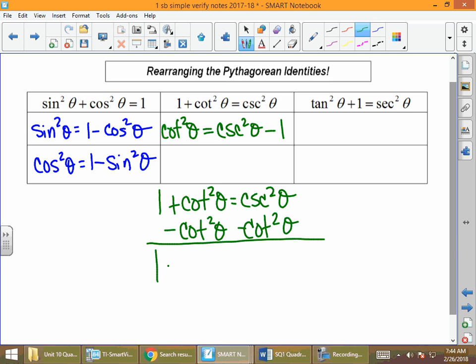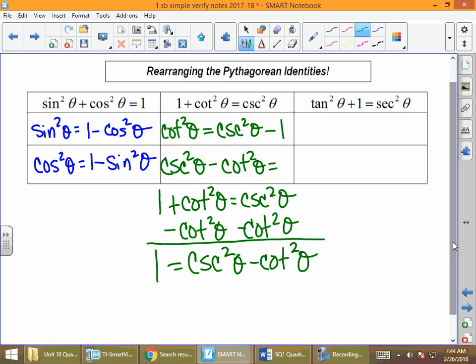We end up with 1 equals cosecant squared theta minus cotangent squared theta. If you prefer, you can write it in that format, or you might write it as cosecant squared theta minus cotangent squared theta equals 1.